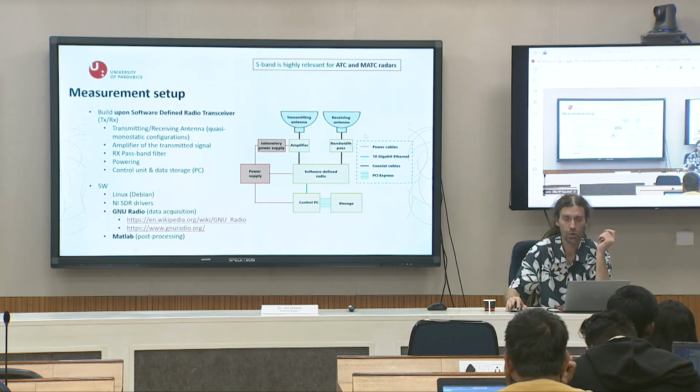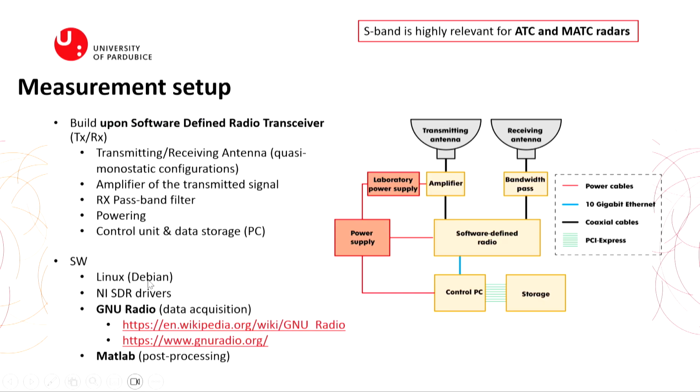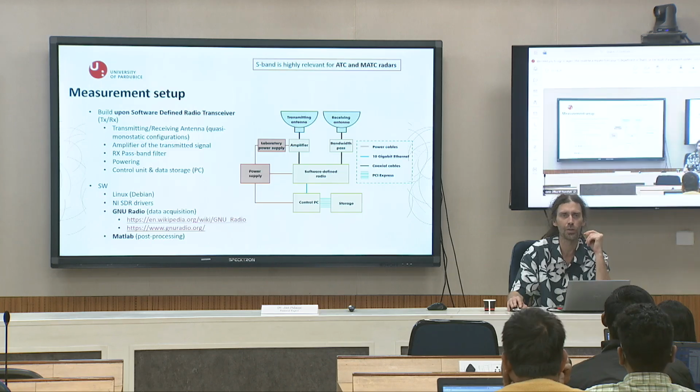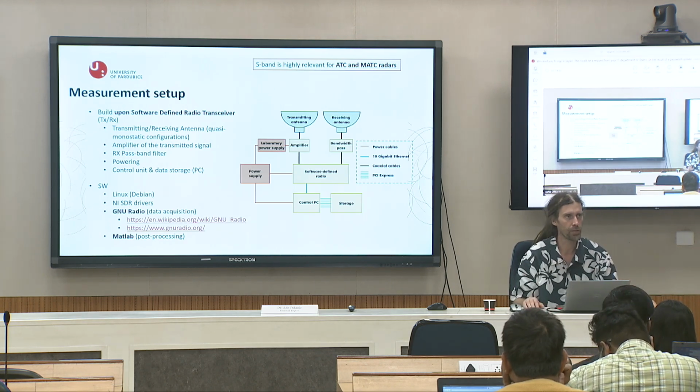The software on the control PC was based on Linux. It was a Debian version, I don't remember which, but it works generally with any version of Debian. You need to carefully install the National Instruments SDR, because it is not a typical plug and play device like you normally use with a PC. Forget that you just connect USB or LAN and everything works.